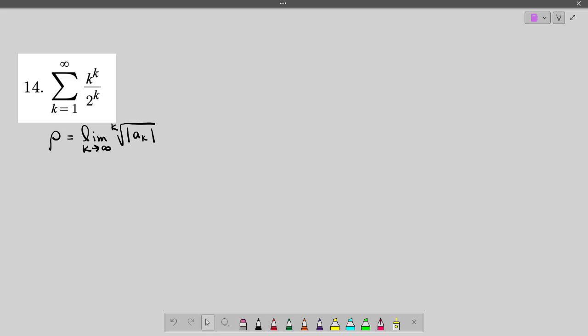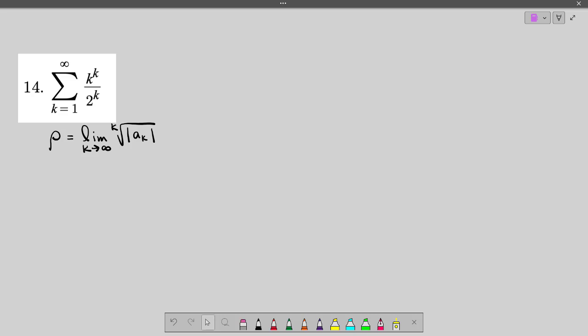Diverge or converge? Yep. Yeah, the root test, when you have a summand that just has that sort of power k on the outside, it really can simplify things down pretty quickly.